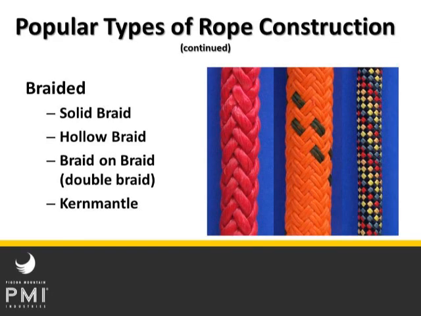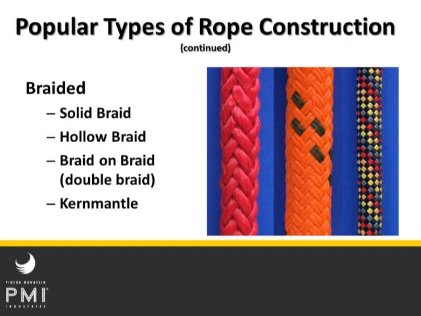So then we get into the braided constructions, and this is what most of us have now moved towards in the rescue community for sure. And there's a bunch of different kinds of braids. Popular ones are solid braid, which is probably one of the original ones. It's typically used for things like ski tow rope if you're a water skier.